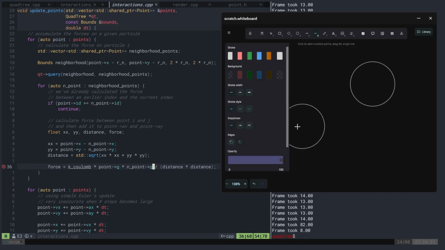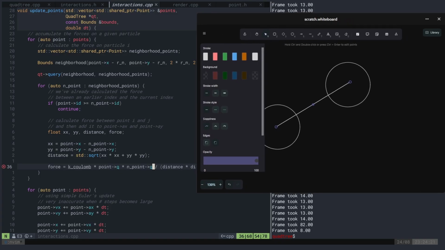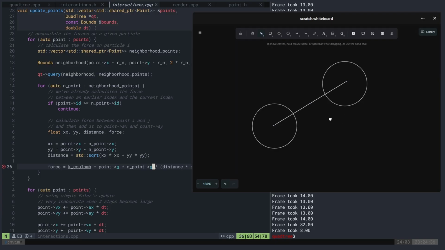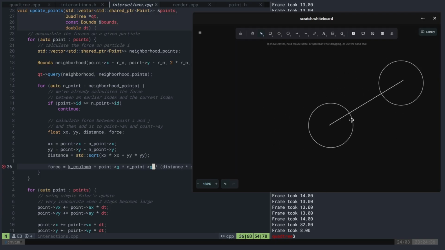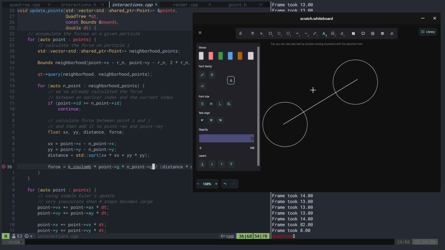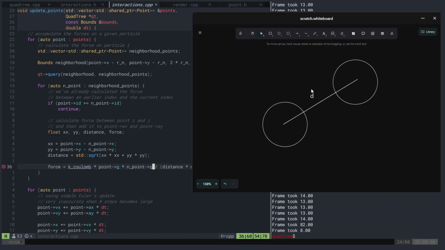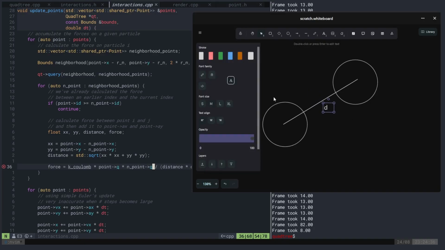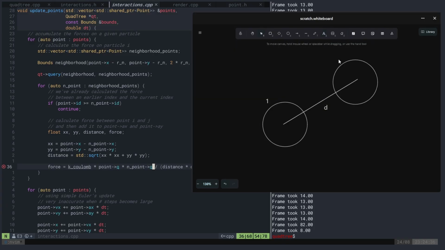And then we have this line. And so this is our distance between these 2 points, right? This is point 1, and then this is our point 2, like so.